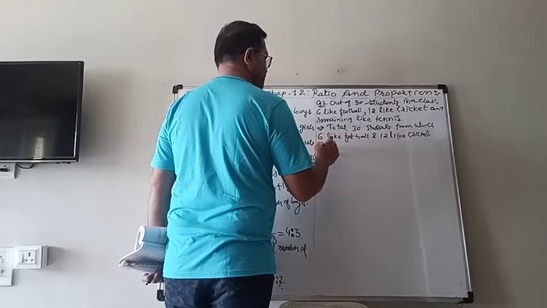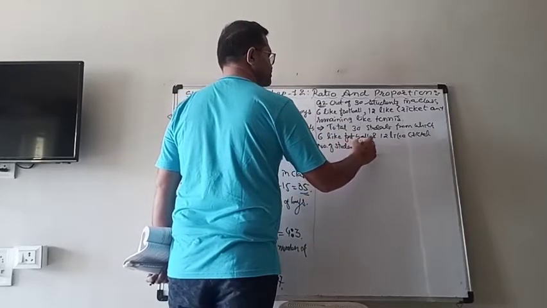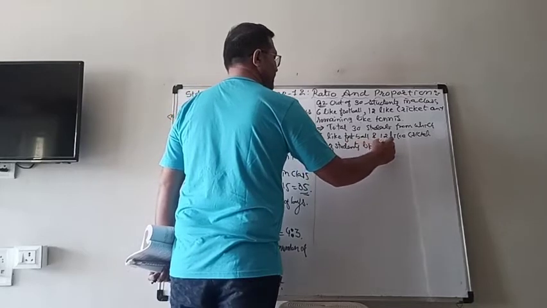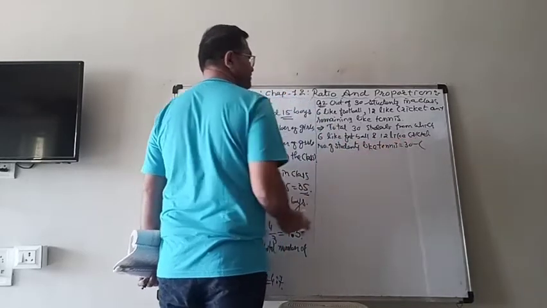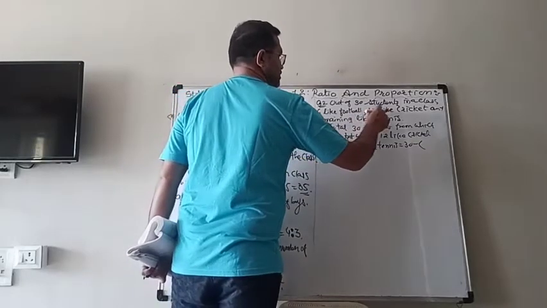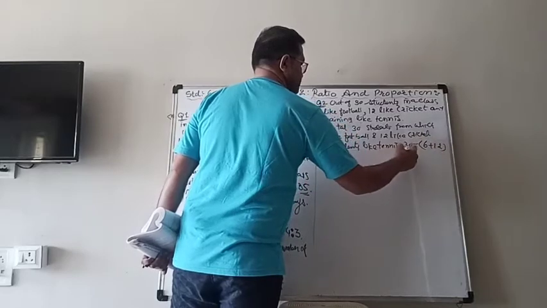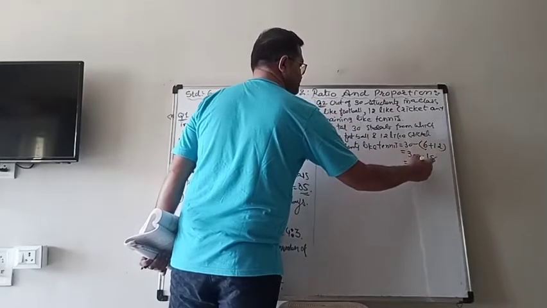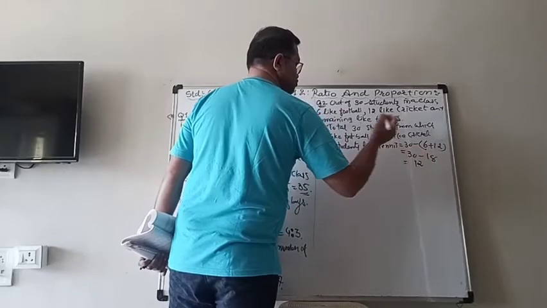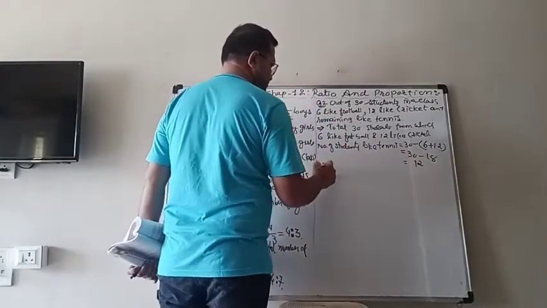So the number of students who like tennis is equal to 30 minus (6 plus 12). That is 30 minus 18, so that is 12. So 12 students like tennis.